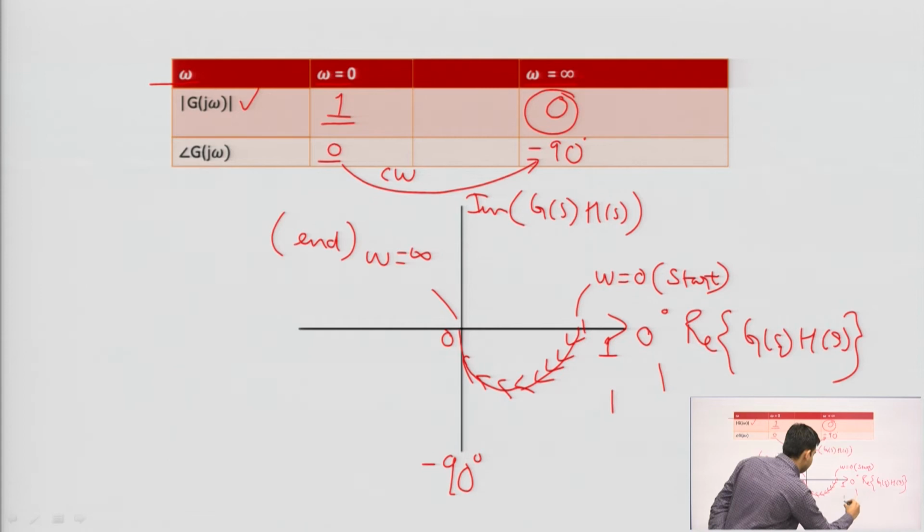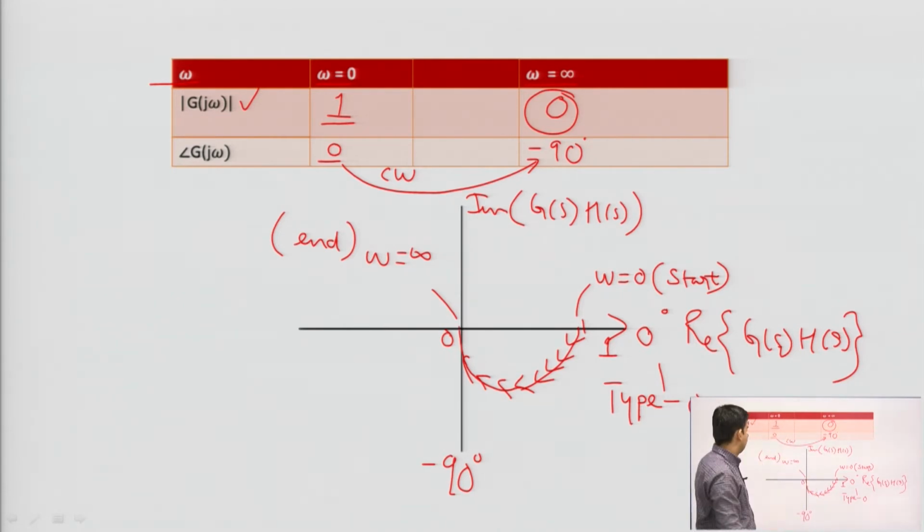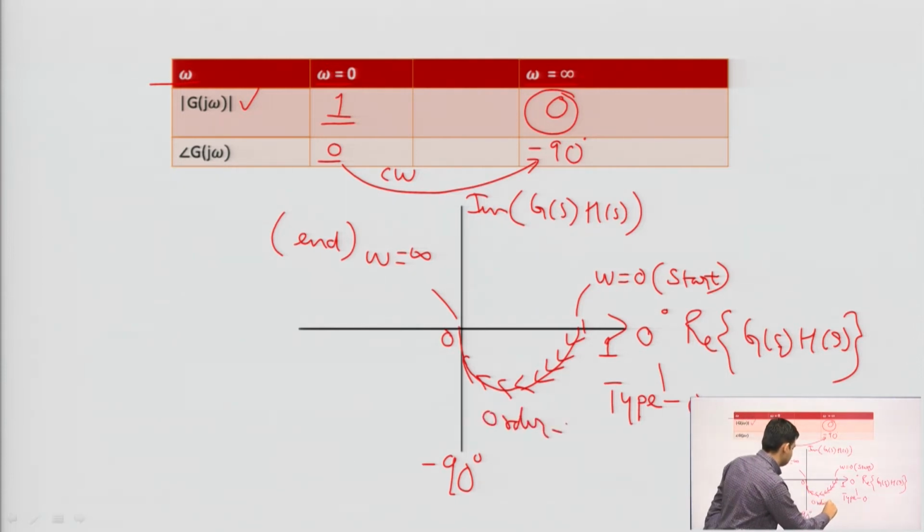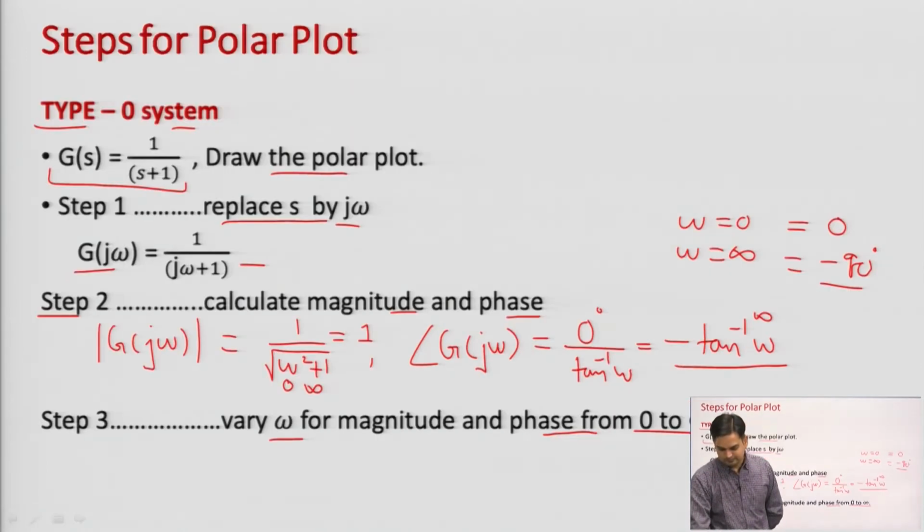This is my type 0 system, it is starting in this quadrant and terminating here. If I say what the order is, it would be 1. So, if we see the transfer function, this is a type 0 and order 1 system.